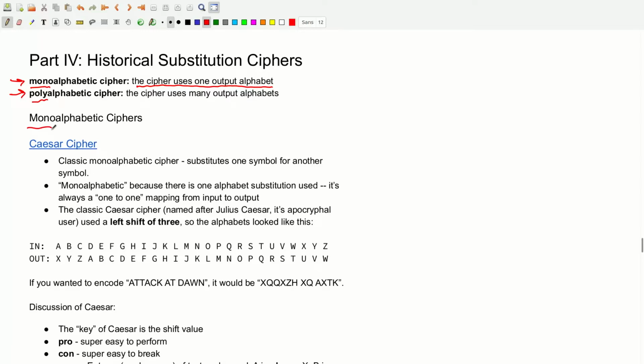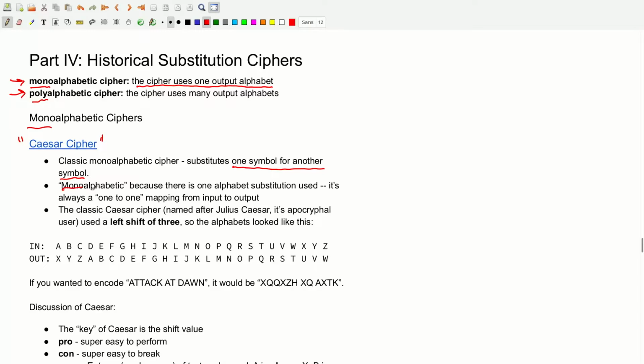Okay, and the classic monoalphabetic substitution cipher is called the Caesar cipher. Caesar probably didn't invent it, but he's the one who's associated with it. The idea here is we're going to substitute one symbol from the plain text alphabet for another symbol in the ciphertext alphabet.